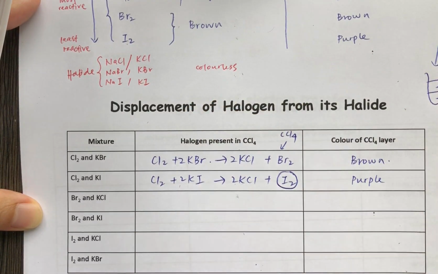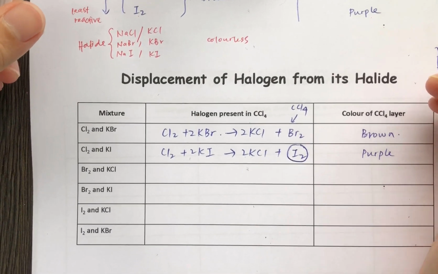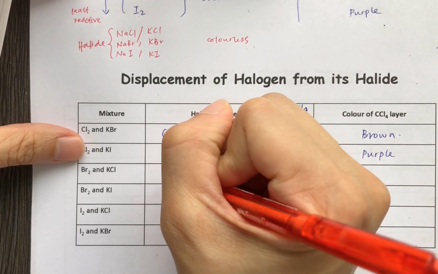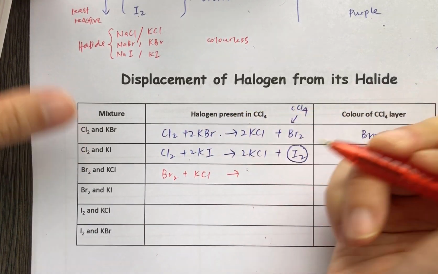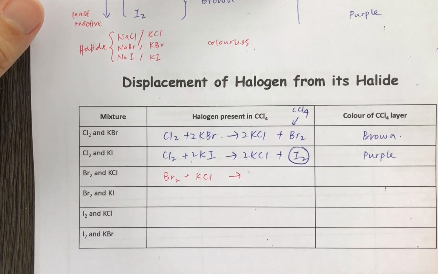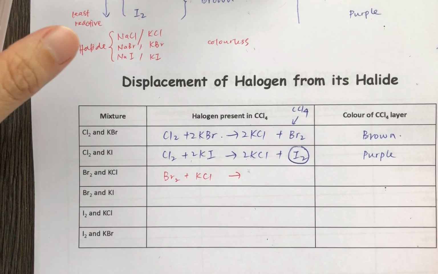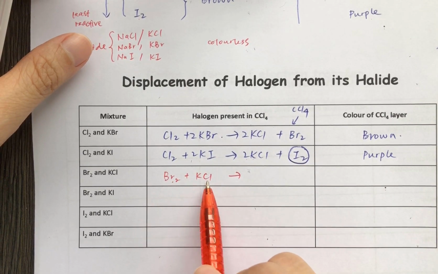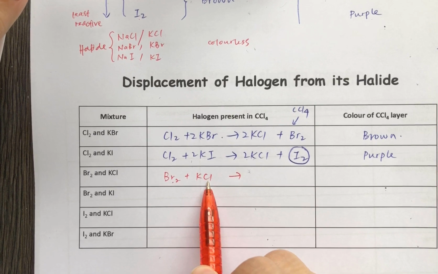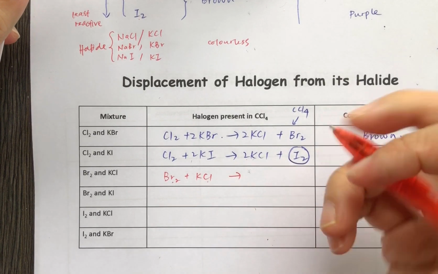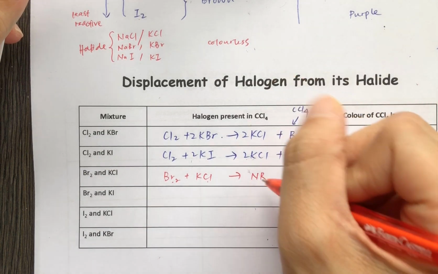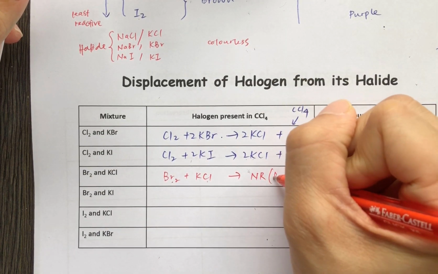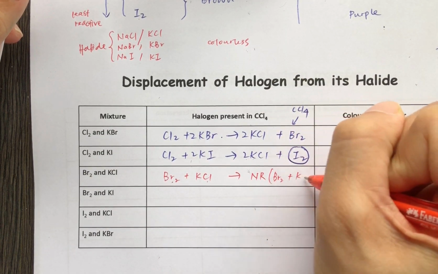Then next, the third reaction: bromine with KCl. For this reaction, actually nothing changes. Why? Bromine is less reactive than chlorine. If you check the reactivity, there will be no reaction. No reaction means my product will still be bromine and KCl.